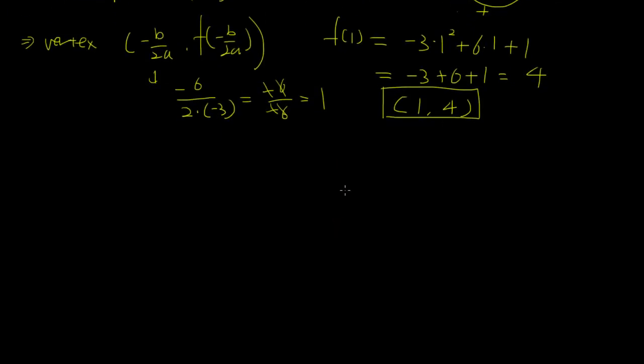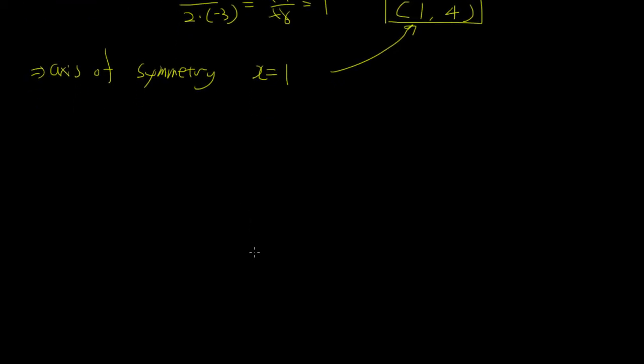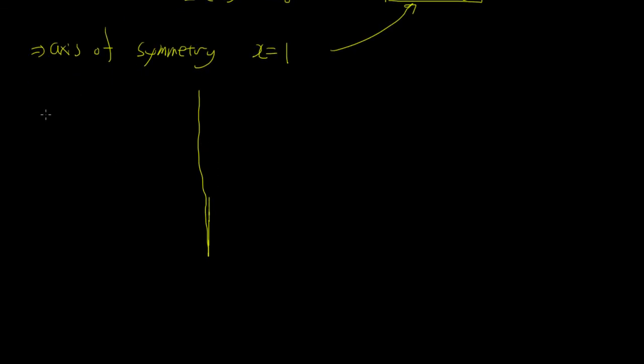Now, combining all that, the axis of symmetry is going to be x equal 1. Right? Remember this one right here? So, if we combine all that to graph, this one right there, right?